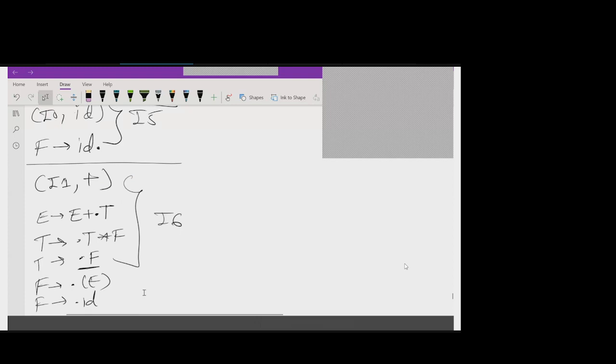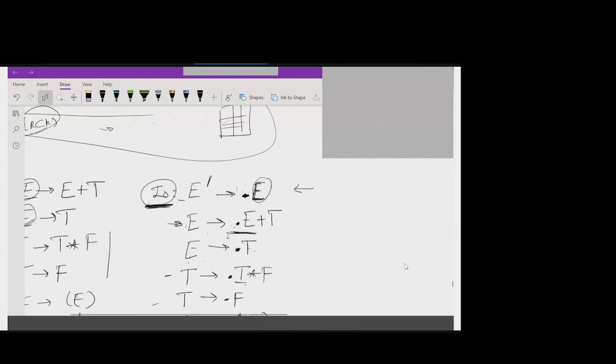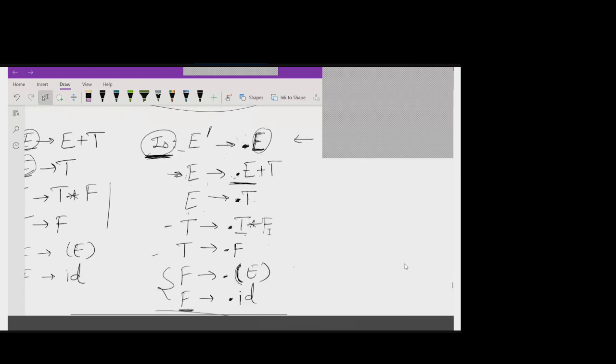At from one state you have to move one dot, one pointer. Like here also we were having this, right? यहाँ पे हमने I0 में से E dot plus किया, पर उसी जगह पे हमने फिर डॉट को फिर से मूव नहीं किया. आपको एक टाइम पे एक ही स्टेप लेना है. Got it?